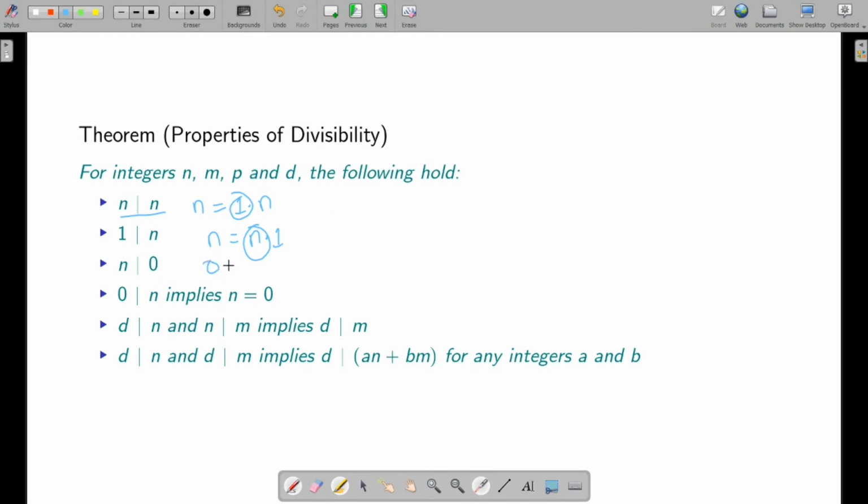Okay, thank you. So Archana said that 0 is equal to n times 0. So you can see that your c here is 0 and therefore n divides 0. Can you tell me why if 0 divides n, then n has to be 0?